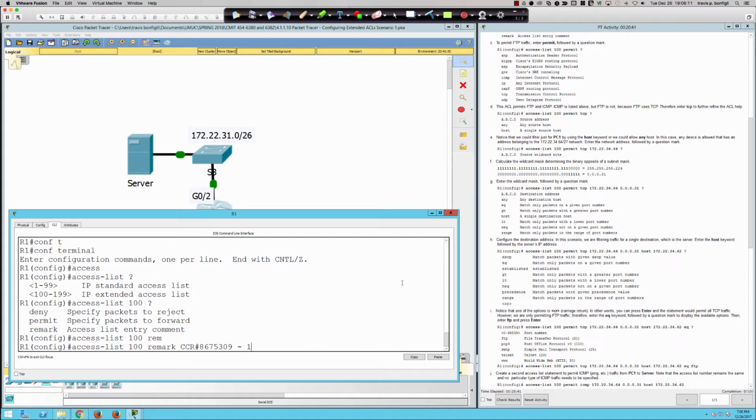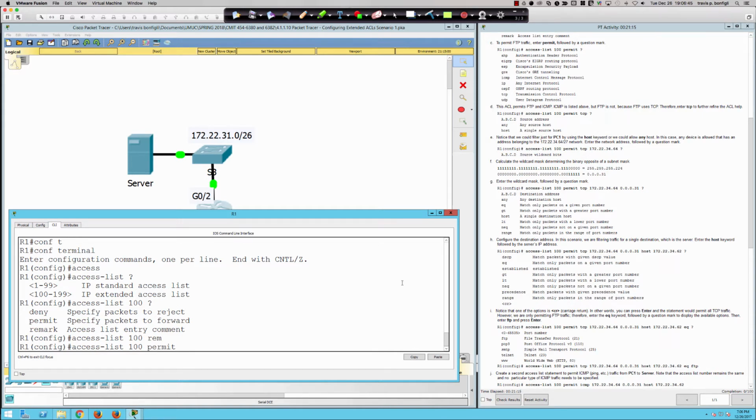But something in there that someone following you can look back at and say, oh, that's who added it, this is why they added it, and this is when they added it, and here's the authority, and I can go back and maybe look at the CCR to see, was this part of a bigger project? Especially when you're working on the firewall side of the house, you definitely want to put remarks in there when you're working with firewalls that have 5, 10, 15, 20,000 entries. It certainly helps.